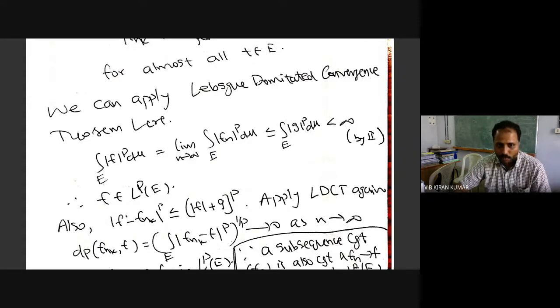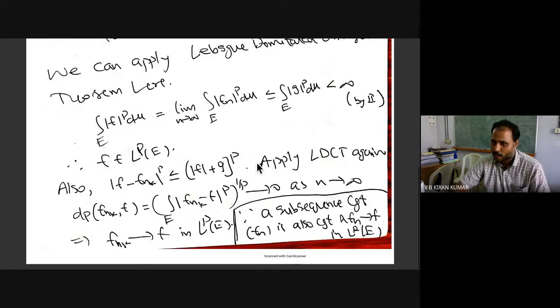Now you consider |f minus f_{n_k}|^p. This is bounded by |f| plus |f_{n_k}|, which is bounded by |g|. So you have this, and again you can apply the dominated convergence theorem. Interchange limit and integral, and you obtain that d_p(f_{n_k}, f) converges to 0. So we have convergence with respect to the metric.